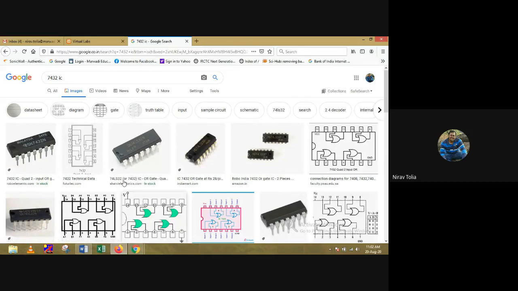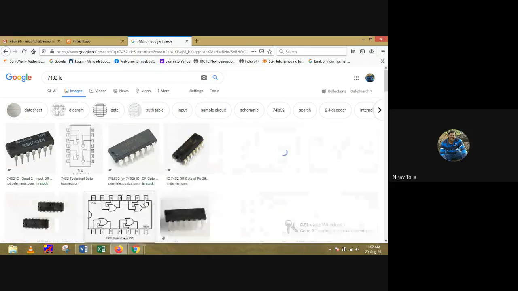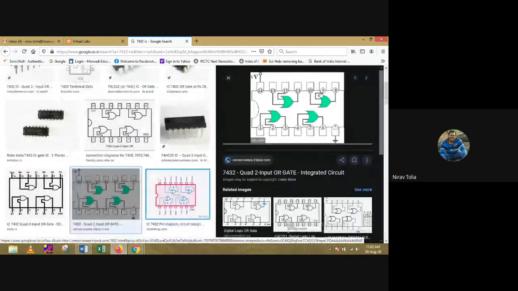Suppose this is the pin diagram. My mistake.